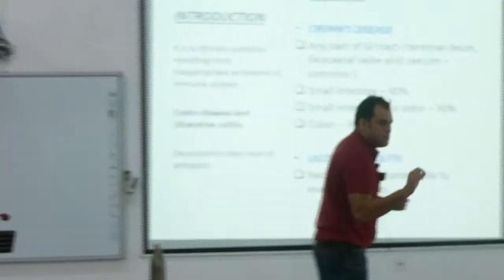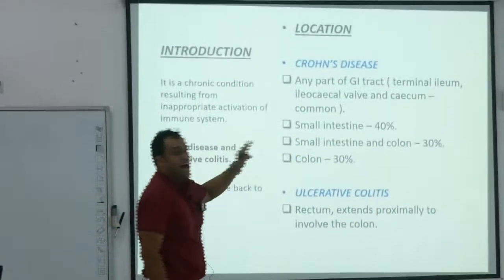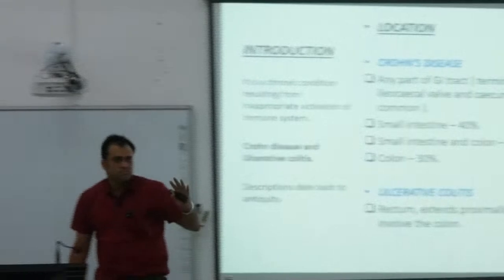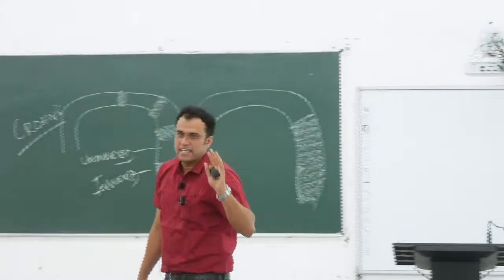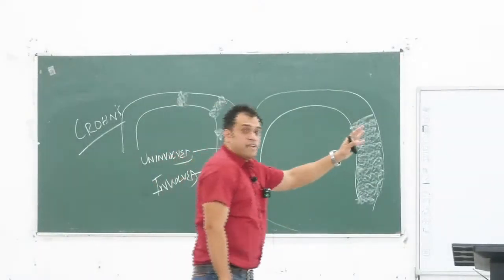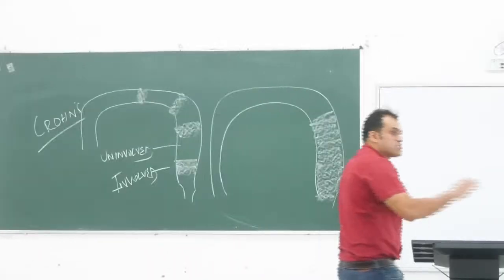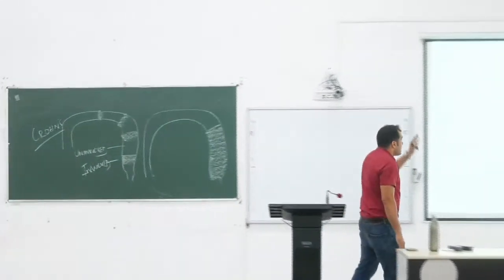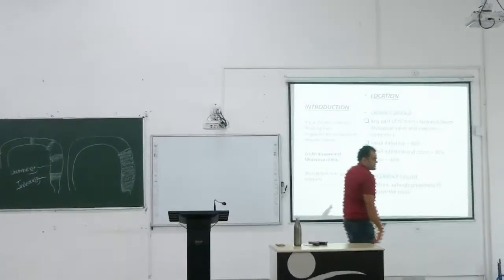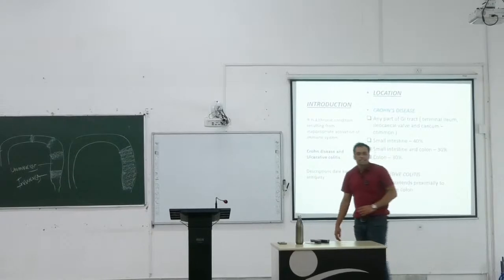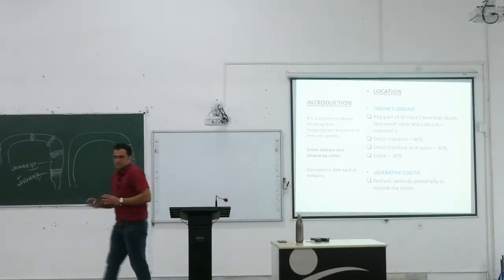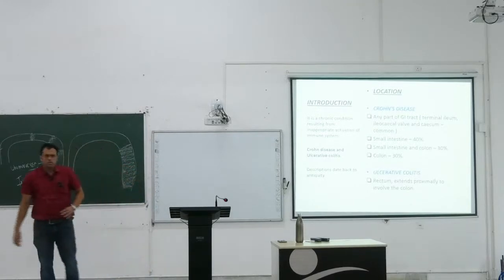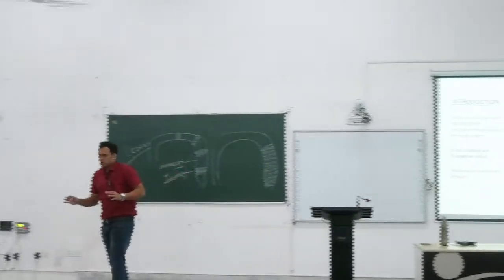But the most common sites are the terminal ileum, ileocecal valve, and cecum. In 40% of the cases, only the small intestine is involved. Both small intestine and large intestine, predominantly the colon, in 30% of the cases, and in the remaining 30%, only the large intestine, the colon. Rectum can also be involved.